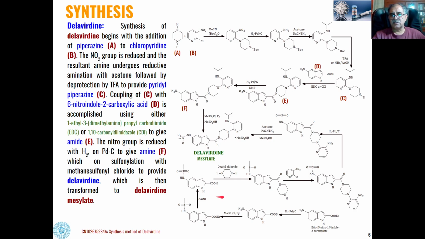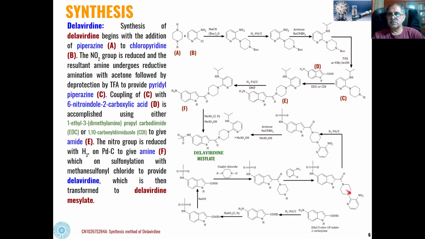And then this carboxylic acid will react with one of the amino groups of piperazine, and we will get the corresponding amide formed. Then this amide will react with 2-chloro-3-nitropyridine, and the substitution of Cl by this nitrogen will take place, and we will get this type of intermediate.